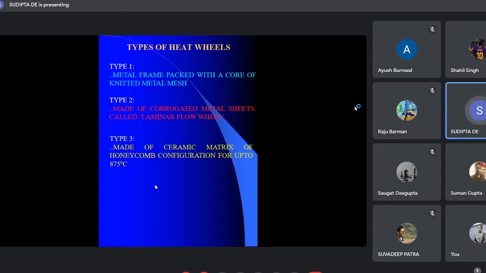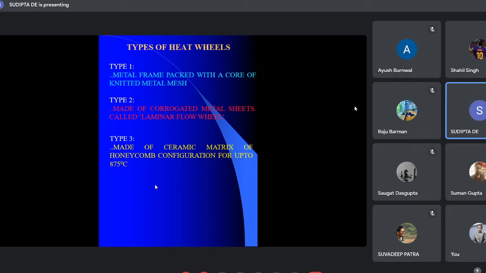Now the type 3, made of ceramic matrix of honeycomb configuration. Honeycomb, typical hexagonal structure. In fact, now everything is being said about future sustainable engineering, that all the things will come from nature based solutions. Means look around your nature, you will find a better solution.